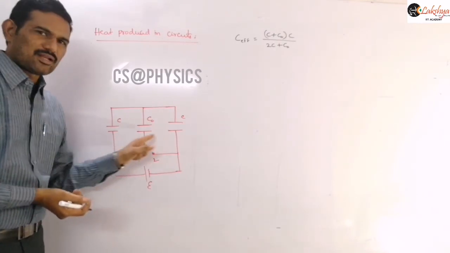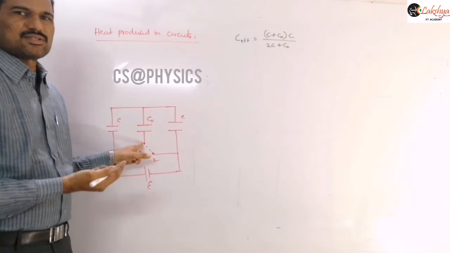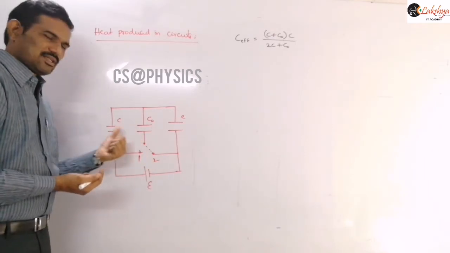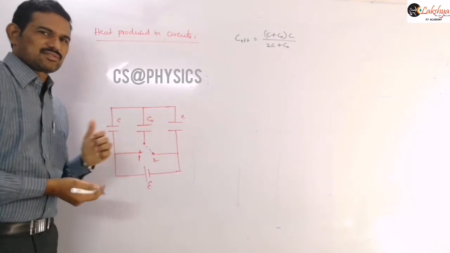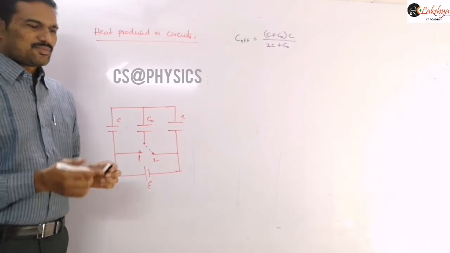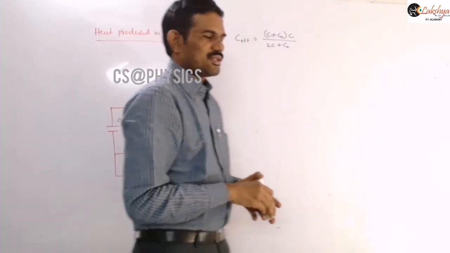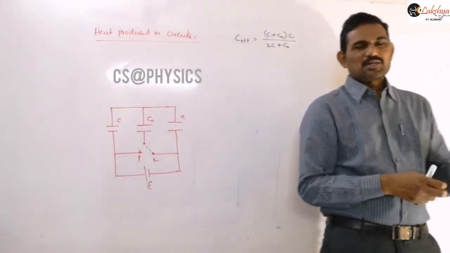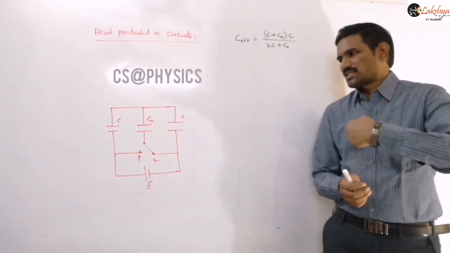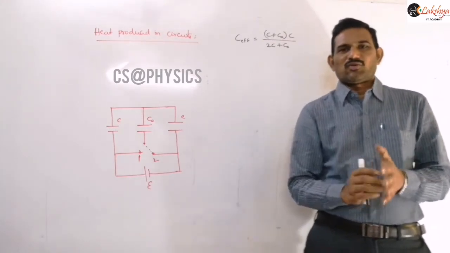Now these two are in parallel, so the capacitance is C plus C0, right? But that C plus C0 is in series with this, so again you will get the same capacitance. That means the initial capacitance is the same and the final capacitance is also the same. But we still need to verify whether any charge flows through the battery or not when you are shifting the switch.